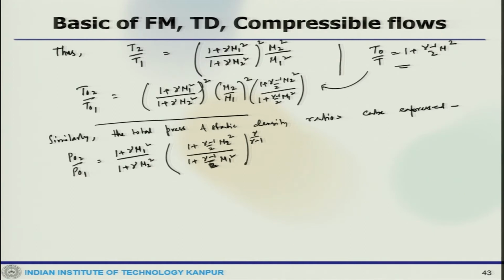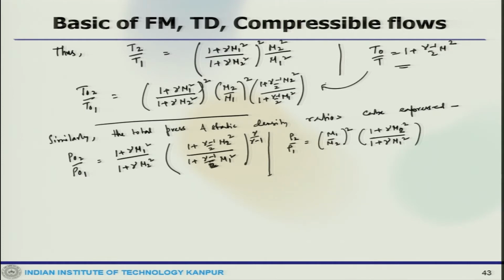That is what you get for the stagnation pressure ratio. The static density ratio, rho 2 by rho 1, is written as m1 by m2 square into 1 plus gamma m2 square by 1 plus gamma m1 square. So, you get the static density ratio too.